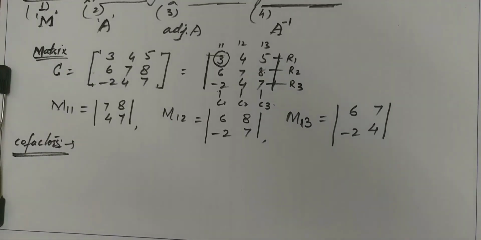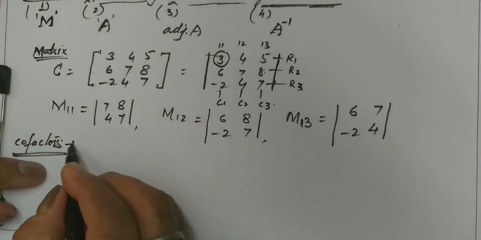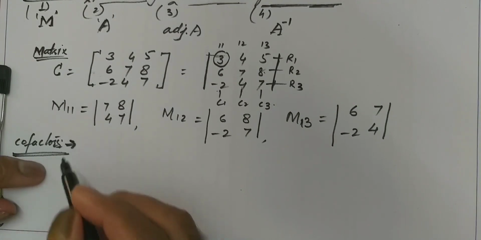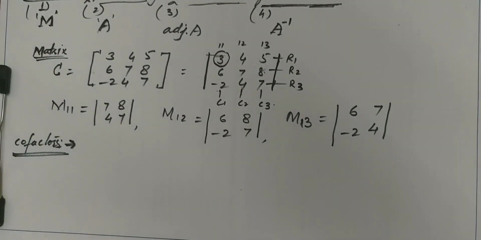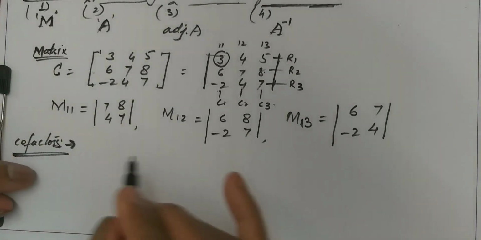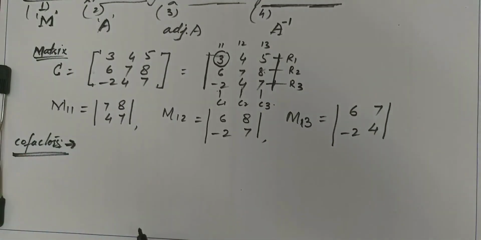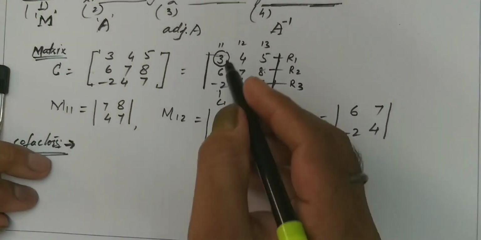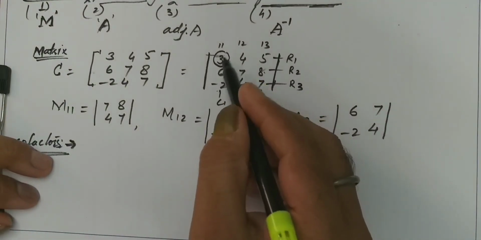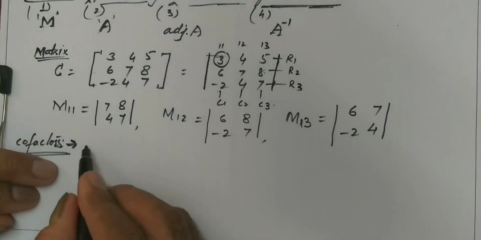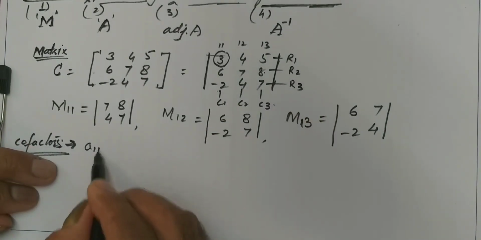Now cofactors are also not a new thing for you. We have already used them while evaluating determinants, so you will learn that it is not new, we are just adding a sign to it. Now for example, we want to find the cofactor of this 3. What is the position of 3? A11.